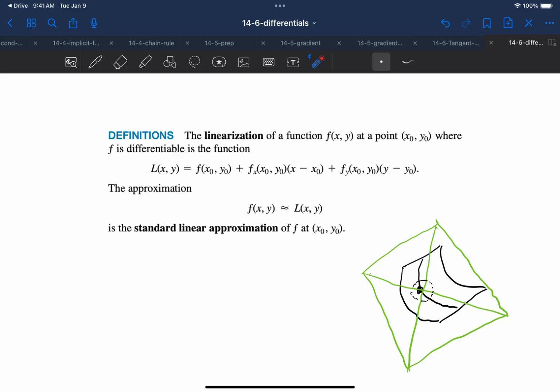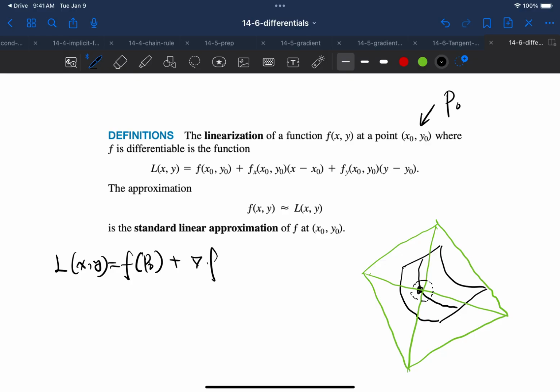Or you can write this as L(x,y) equals f(p0) plus, suppose I say this is p0, right? Plus gradient f(p0) times (x minus x0, y minus y0). So this is the same thing.